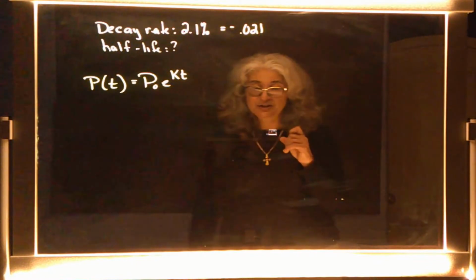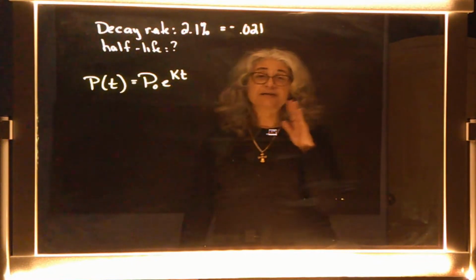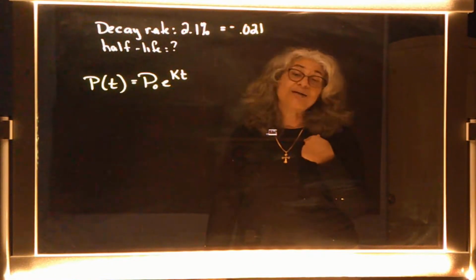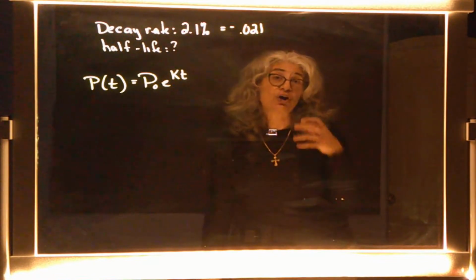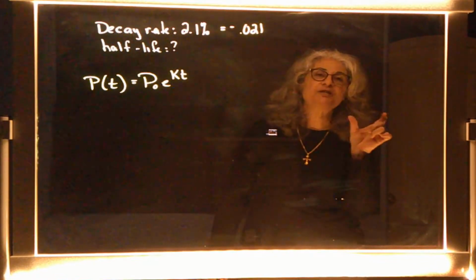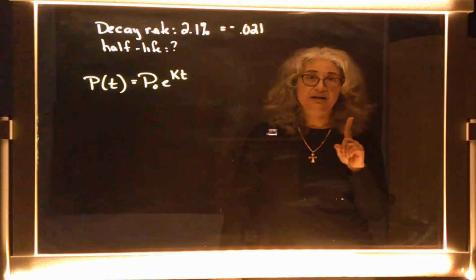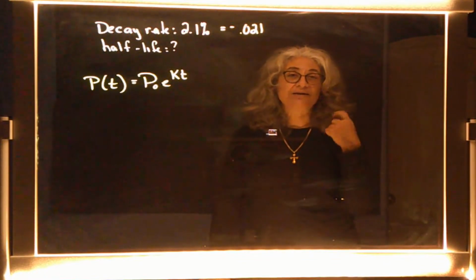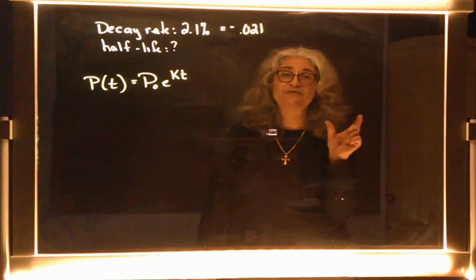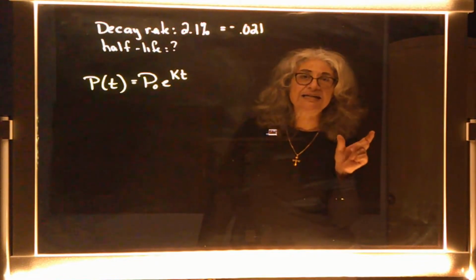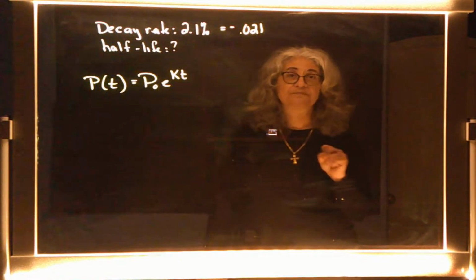So in this particular case, they're talking about some element. All I know is the rate of decay, and I'm trying to find out how long it takes for 50% of that element, half of that amount, to decay.